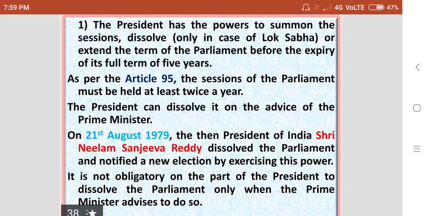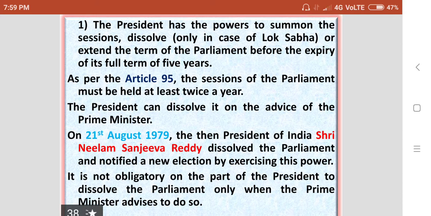The President can dissolve it on the advice of the Prime Minister. So, whenever the Prime Minister advises the President to dissolve the Parliament, he can dissolve it. On 21st August 1979, the then President of India, Neelam Sanjeeva Reddy, dissolved the Parliament and notified a new election by exercising this power.